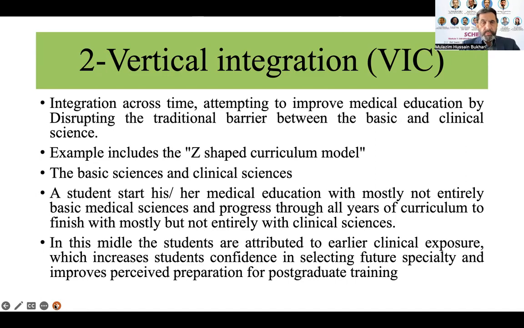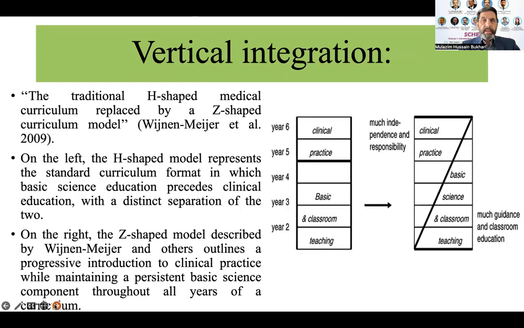A student starts medical education with mostly, but not entirely, basic medical sciences and progresses through all years of the curriculum to finish with mostly, but not entirely, the clinical sciences. In the middle, students are attributed to earlier clinical exposure, which increases students' confidence in selecting their future, and especially improves preparation and post-graduation training.